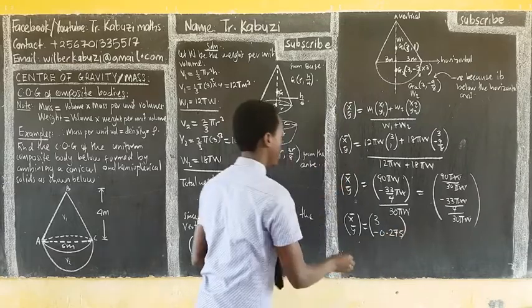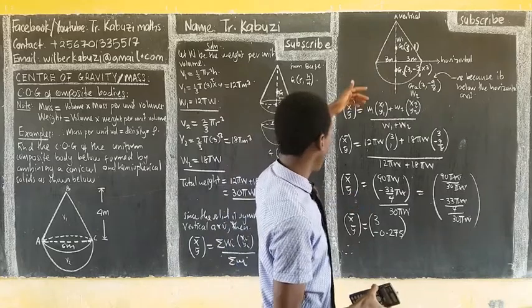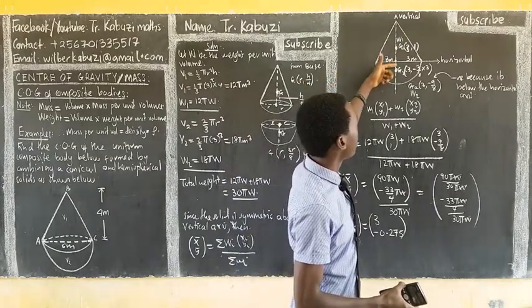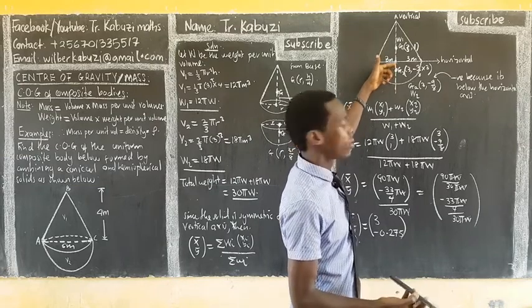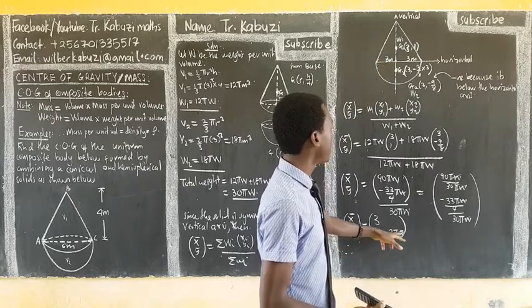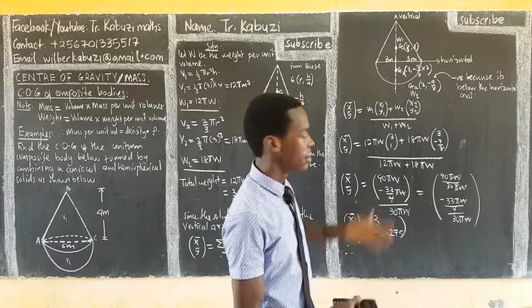Negative 0.275. So therefore, you see, the center of gravity, this negative value means that it's below the horizontal. Negative means it's below the horizontal.